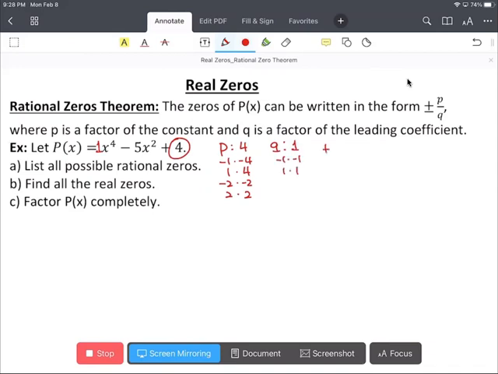So using the rational zeros theorem, we know that plus or minus p over q equals plus or minus 1, 2, 4 over 1.